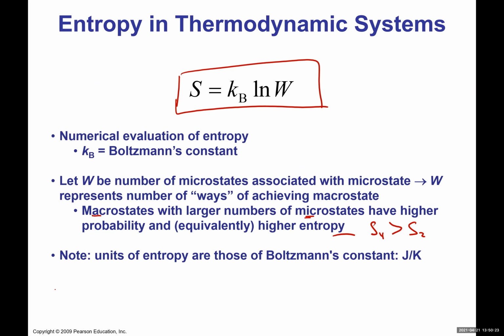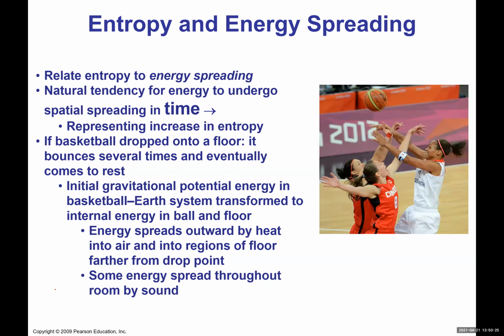Now, in terms of entropy and energy spreading, we can relate entropy to energy spreading. There is a natural tendency for energy to undergo spatial spreading in time. That's why entropy is sometimes known as the arrow of time, representing the increase in entropy. As a function of time, you can assume that the entropy of a system only increases.